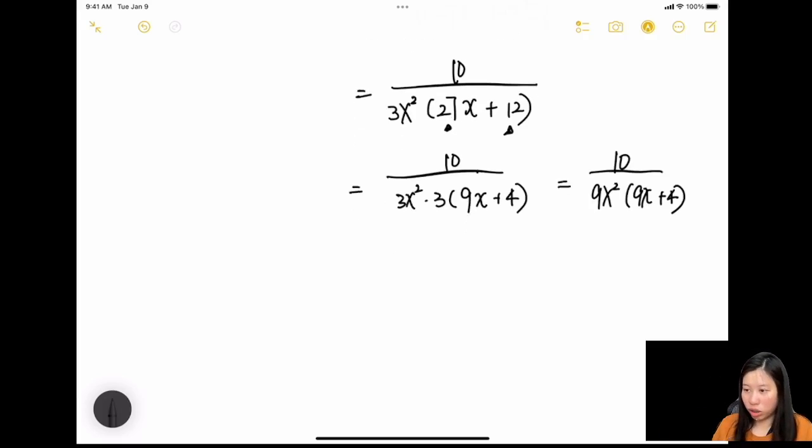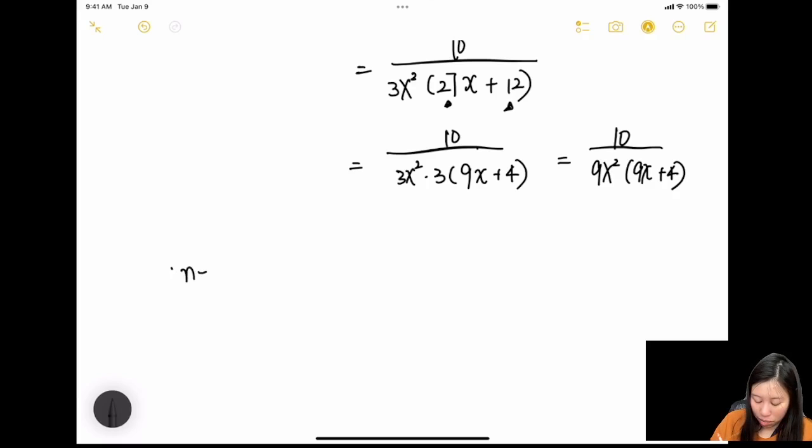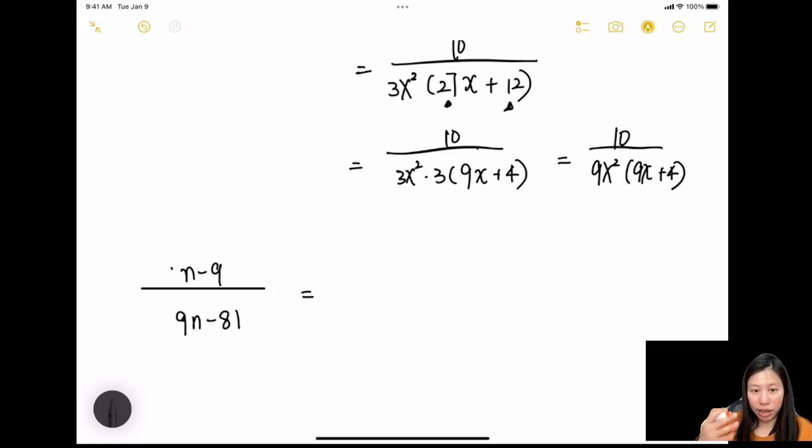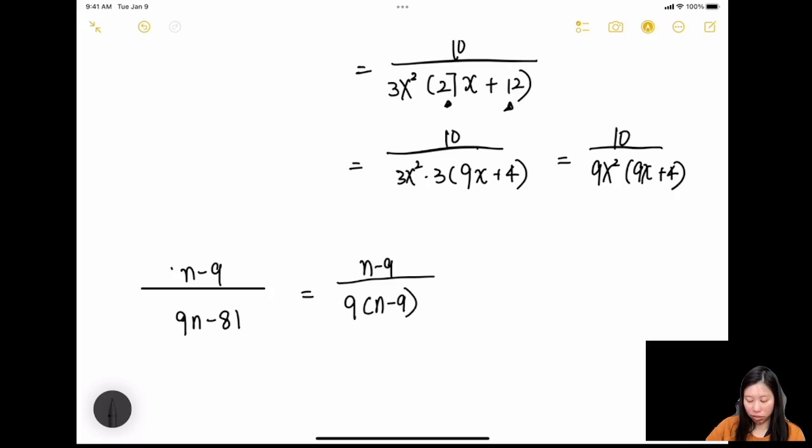Okay, what about this one? n minus 9 over 9n minus 81. Again, we factor the common factor out in the denominator, with n minus 9, and then common factor 9 with n minus 9. And then these two cross cancel.